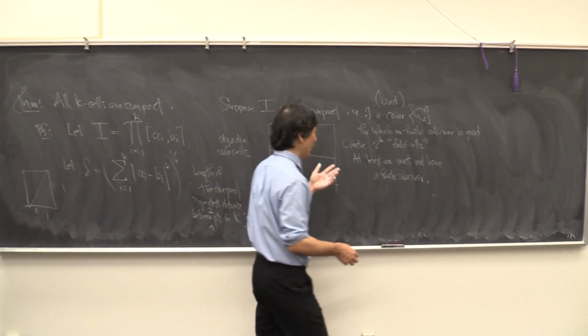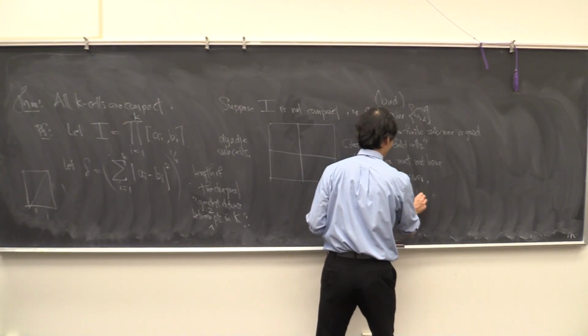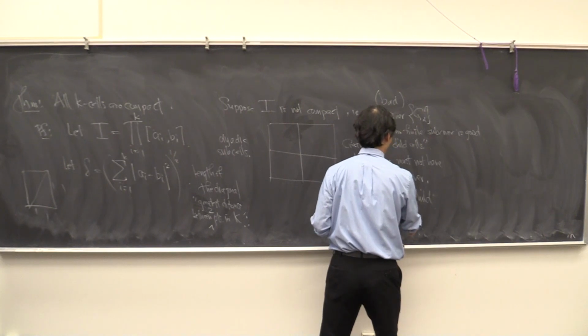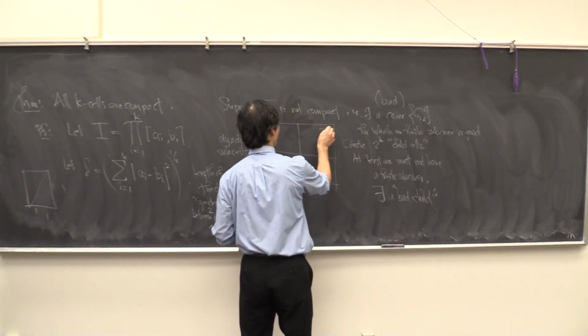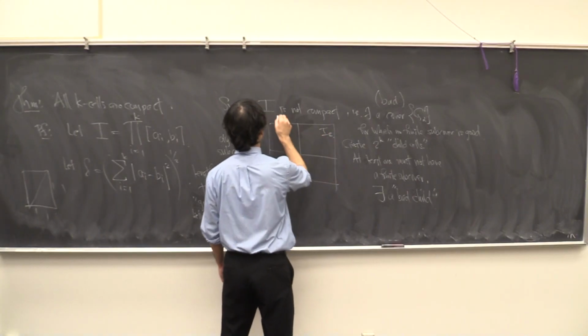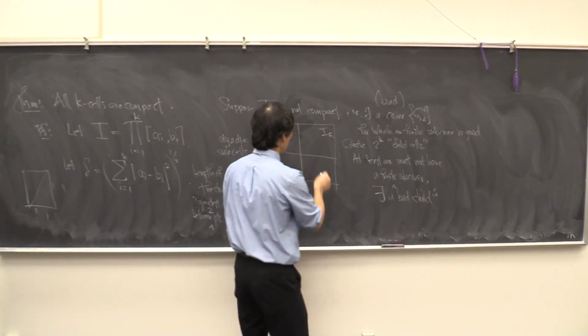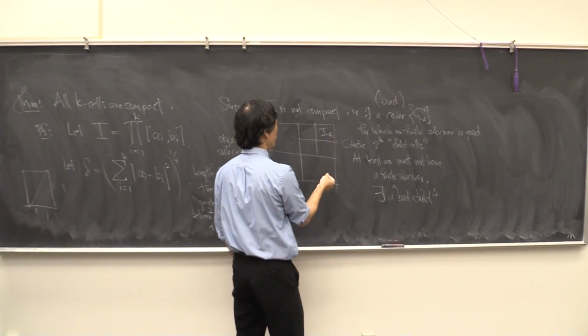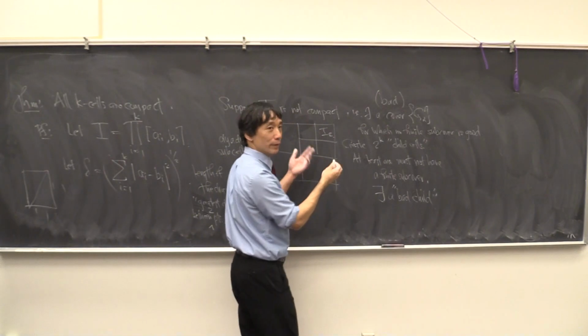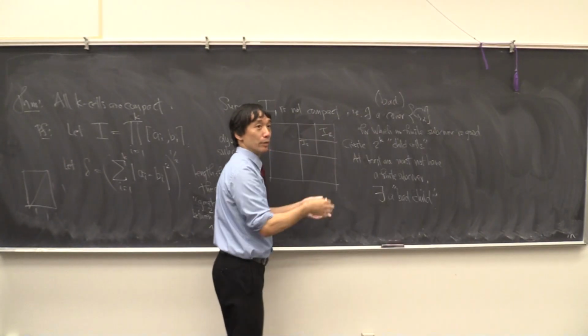So there's got to be a bad child. In other words, there exists a bad child. Let's say it's this one, and let's call that one I2. Call this one I1. Iterate. I2 must have a bad child for the same reasons, I3, and so on and so forth.